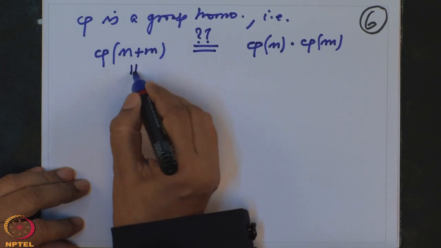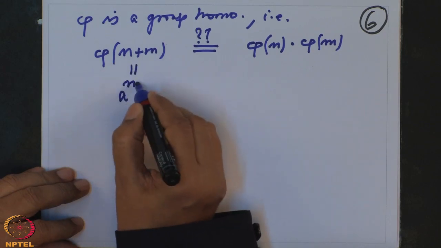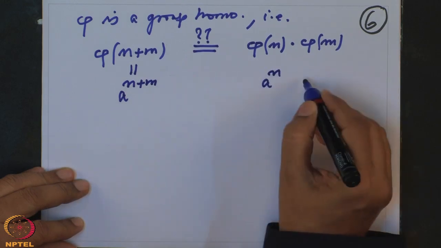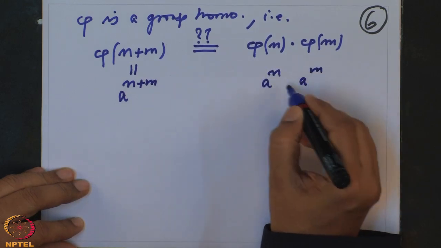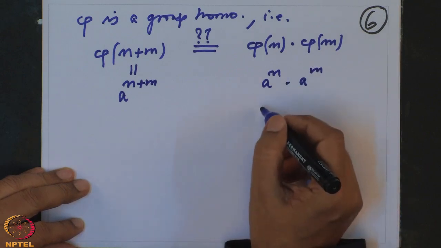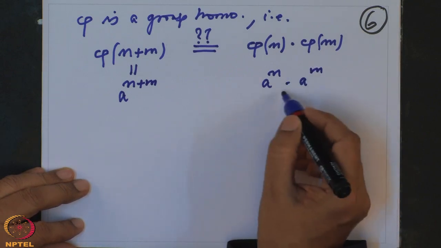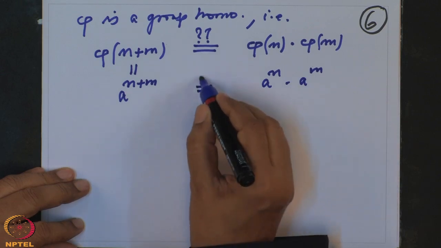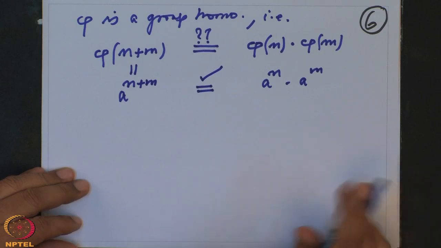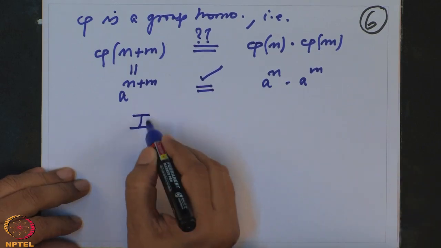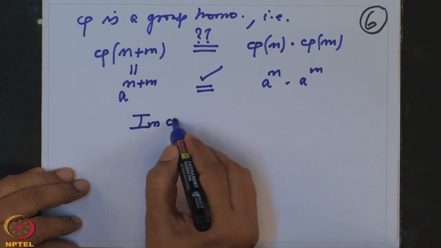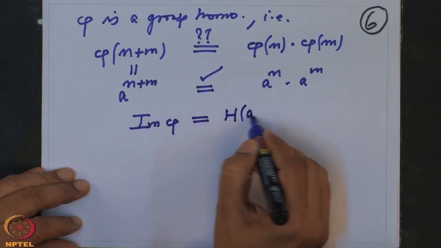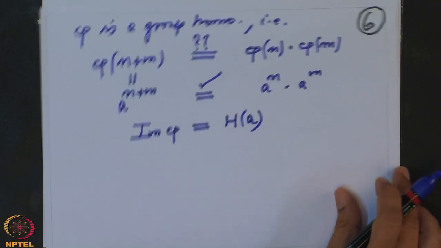By definition, this is A power n plus m, and this is A power n times A power m, and by the associativity of the group we can club them, and so the equality holds. Therefore phi is a group homomorphism, and the image of phi is nothing but the subgroup generated by A, H of A.